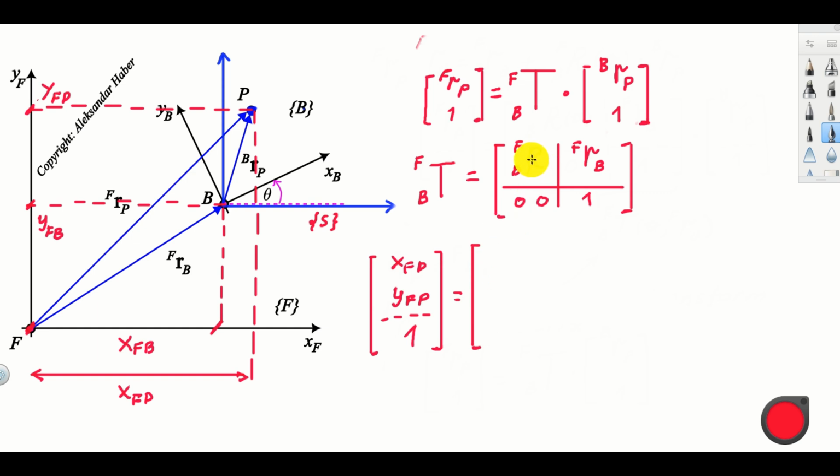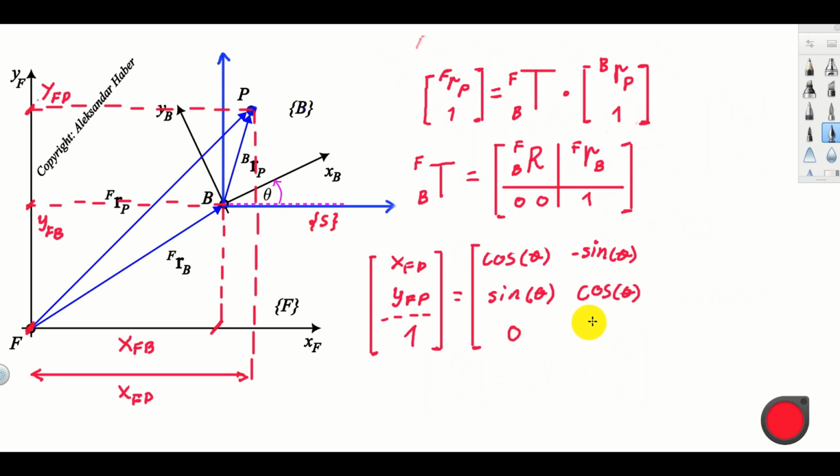First of all, we need to go back and recall how the matrix RBF looks. It looks like this. We'll have a cosine of theta, then minus sine of theta, then over here we will have sine of theta, then cosine of theta.